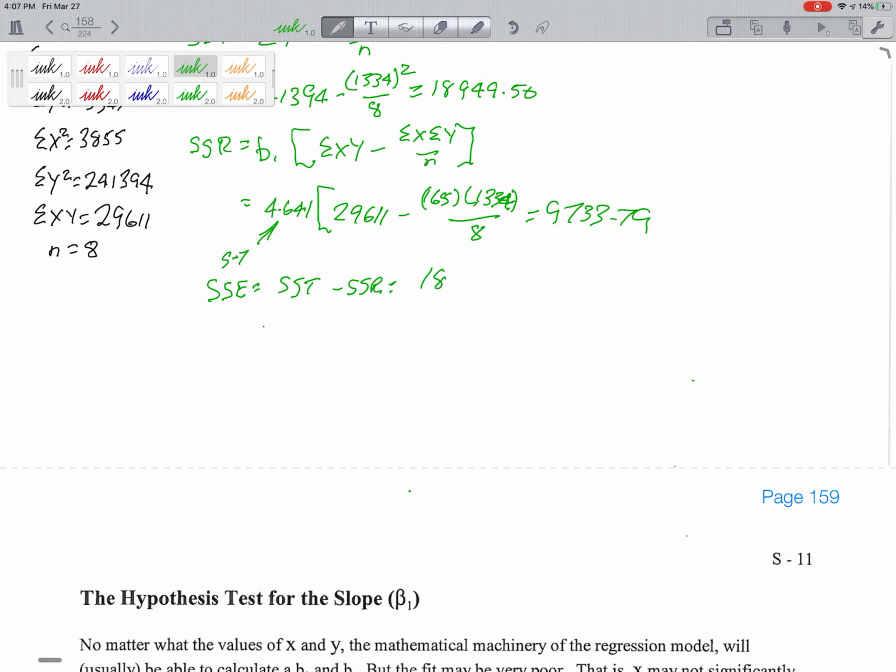So it's going to be 18,949.50 minus 9733.79. And that's going to end up being 9215.71. So here's your SSE, your SSR, and they add up to SST.